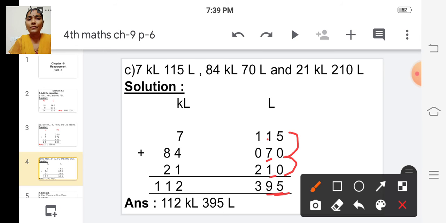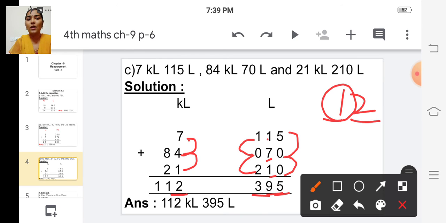And next one is 1 plus 0 is 1 and 1 plus 2 is 3. So write 3 here. And now add 7 plus 4 is 11, and 11 plus 1 is 12. So 12 is a 2-digit number. So write 2 in the answer and carry over this 1 to the next place.